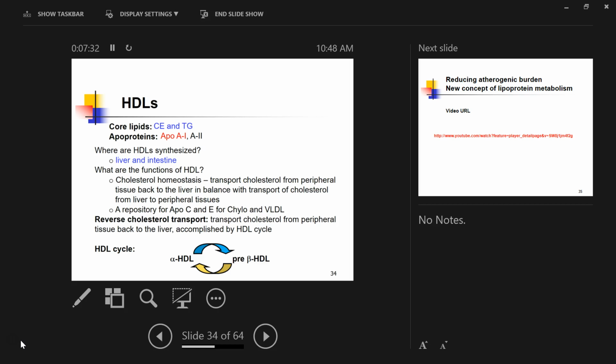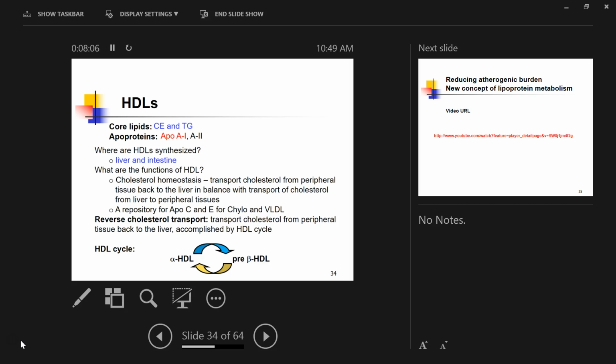We also talk about a concept that is very important. It's called reverse cholesterol transport, right? Reverse cholesterol transport means that HDL transports cholesterol from peripheral tissue back to the liver. And this process is accomplished by the so-called HDL cycle, right?